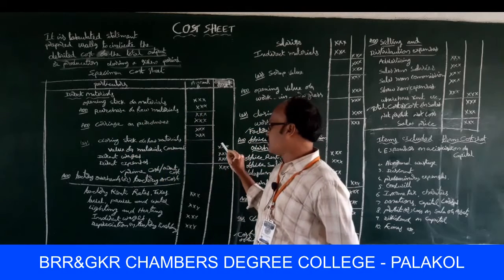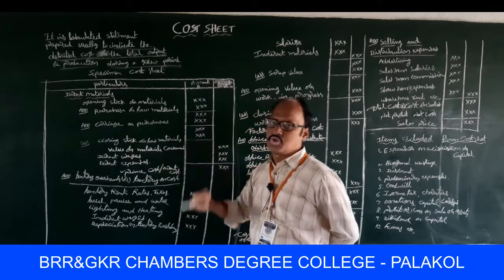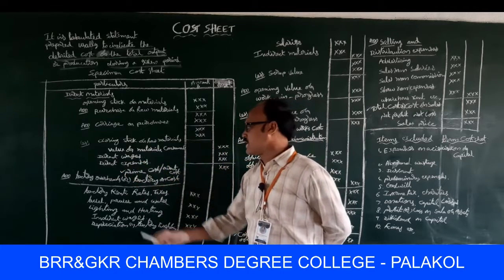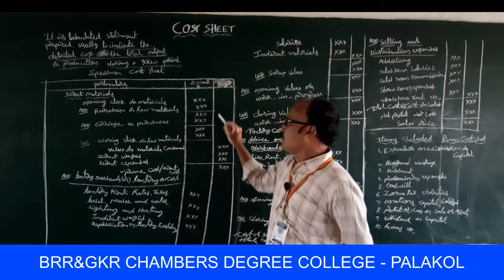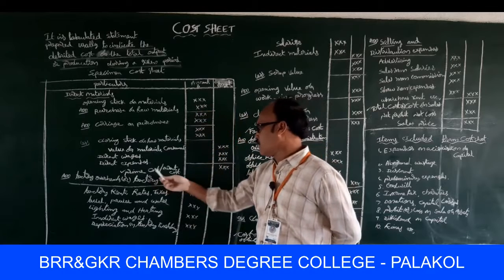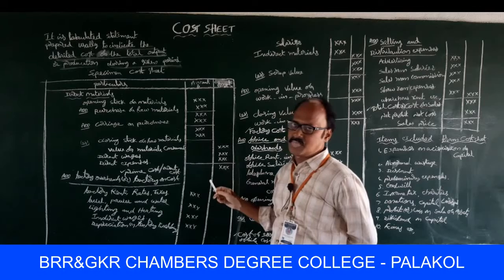Then we find out the value of materials consumed. Next, direct wages. Next, direct expenses. Then we add these transactions and find out the prime cost or direct cost.